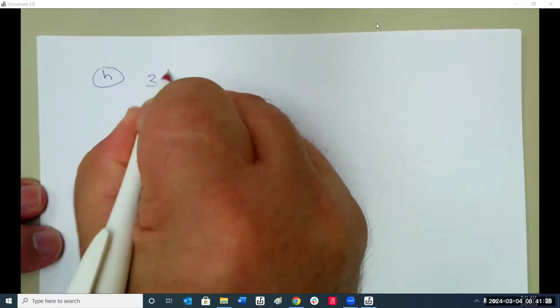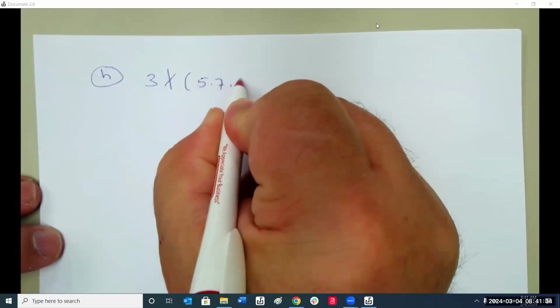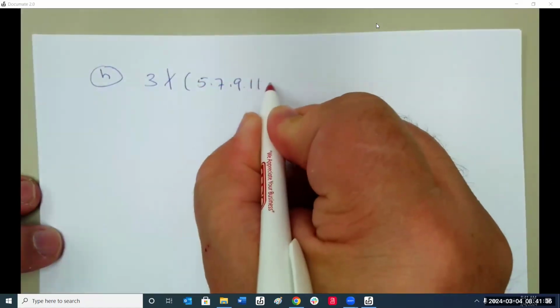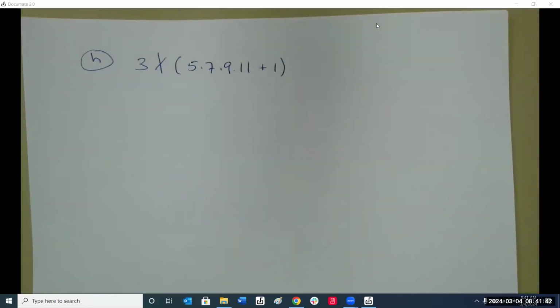H. 3 does not divide 5 times 7 times 9 times 11 plus 1. True or false?